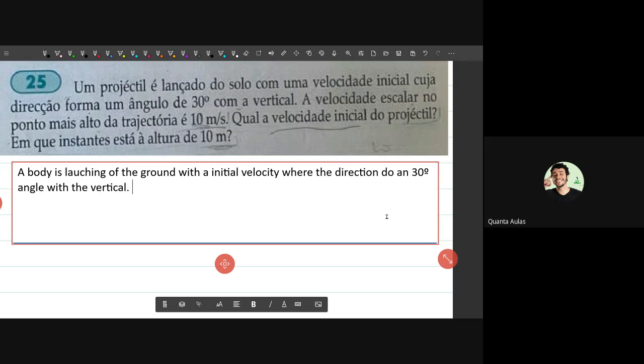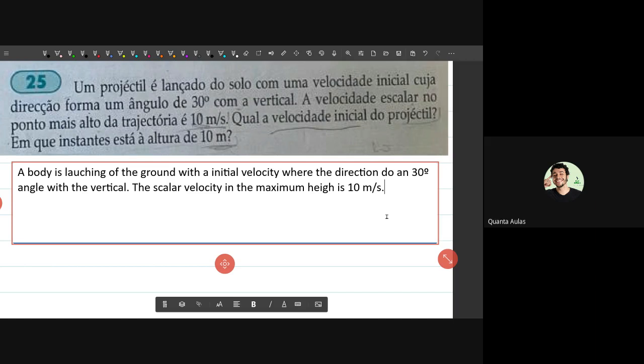You pay attention to this information here: with the vertical. The scalar velocity at the maximum height is 10 meters per second.